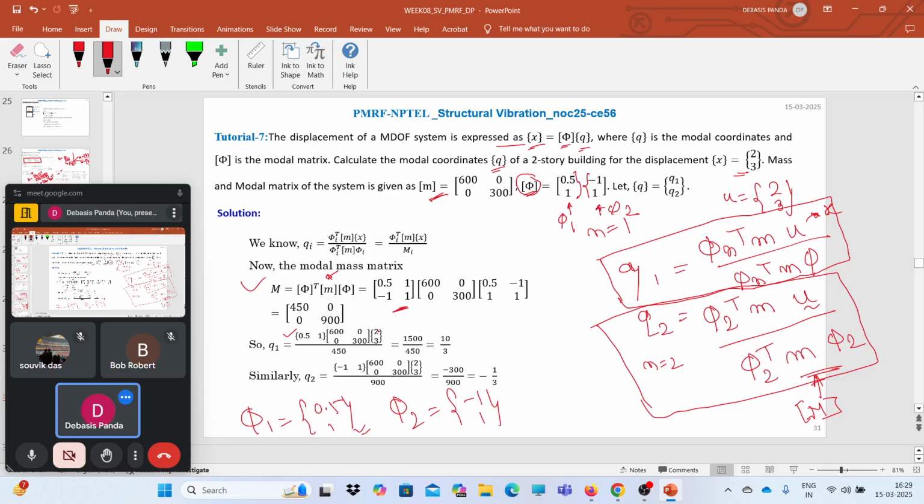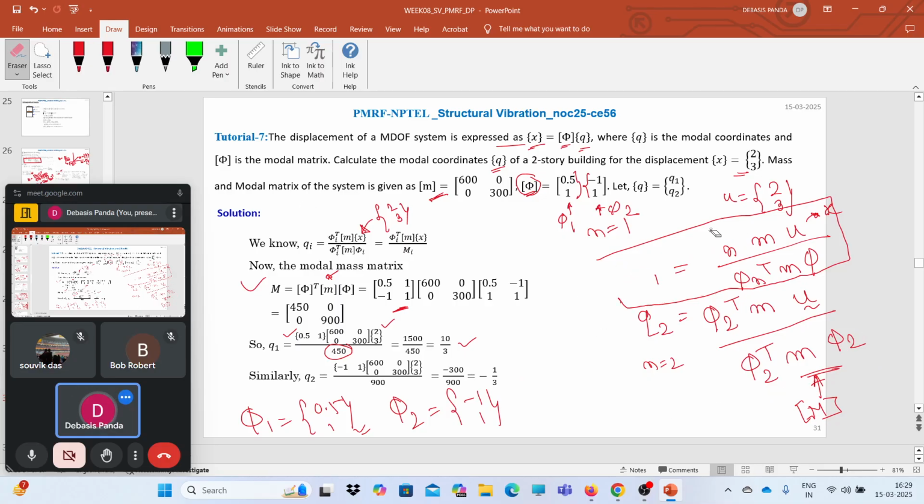Again multiplied by phi 1 and phi 2, where phi 2 is minus 1 and 1 and phi 1 is 0.5 and 1, and the x or u value contains the vector 2 and 3. We have already calculated the denominator, 450. So the value of q1 comes as 10 by 3. And simultaneously, let me solve for q2 here.